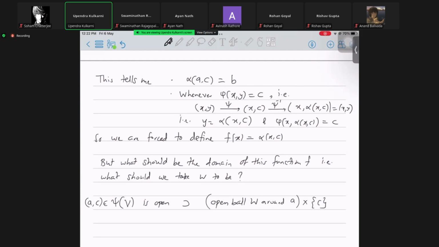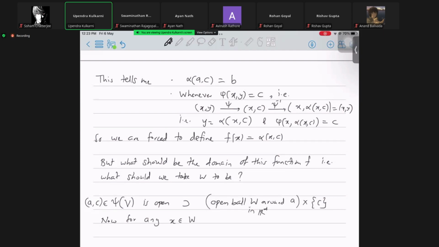But what is this really saying? For any x, by the way, open ball W around A in where? This A is a point in R^d, so this is in R^d.